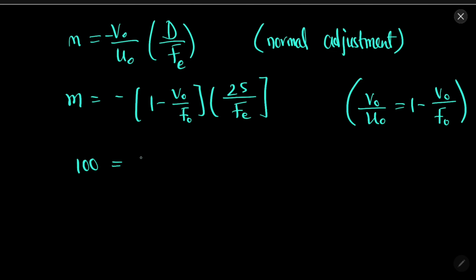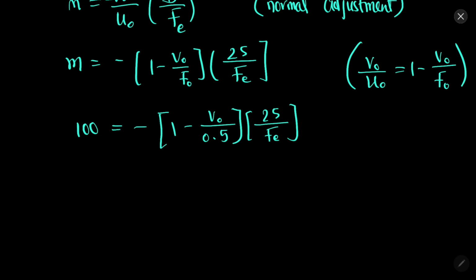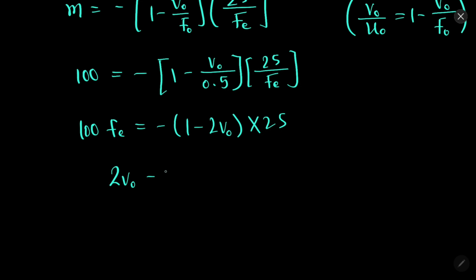So 100 equal to minus 1 minus VO over 0.5, 25 over Fe. 100 Fe equal to minus 1 minus 2VO into 25, 2VO minus 4Fe equal to 1.